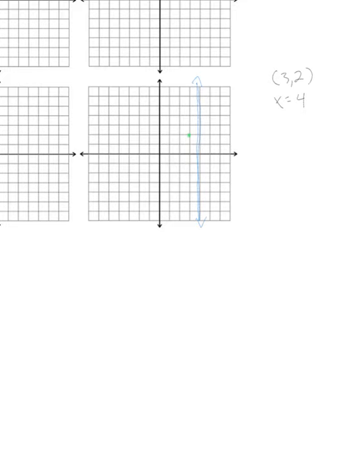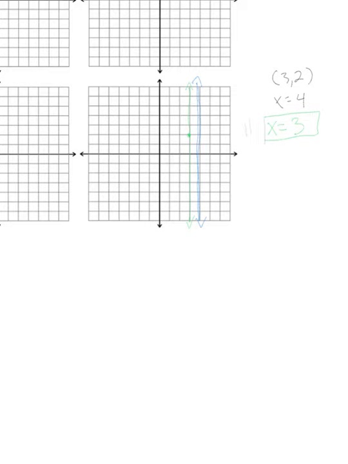Well, isn't something that's parallel going to be another vertical line that goes up and down? So x equals 3 is actually the answer to that. That is the parallel equivalent.